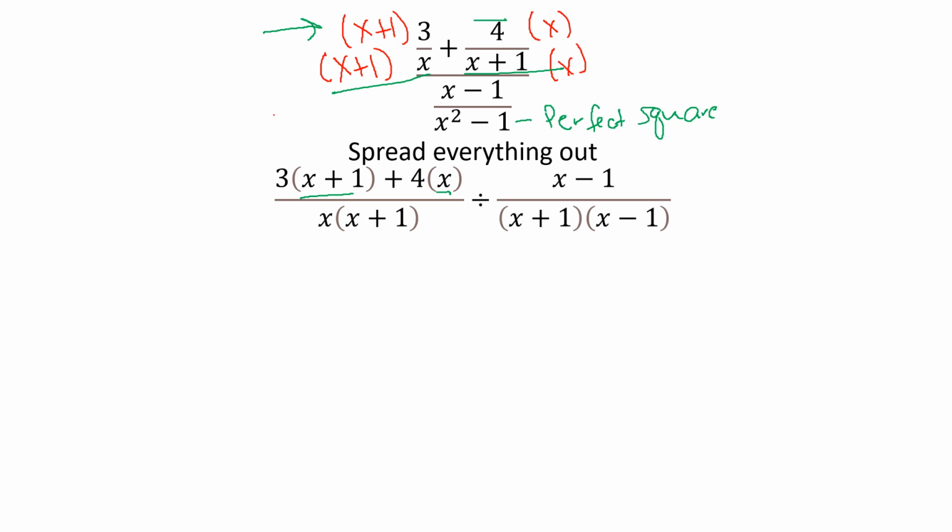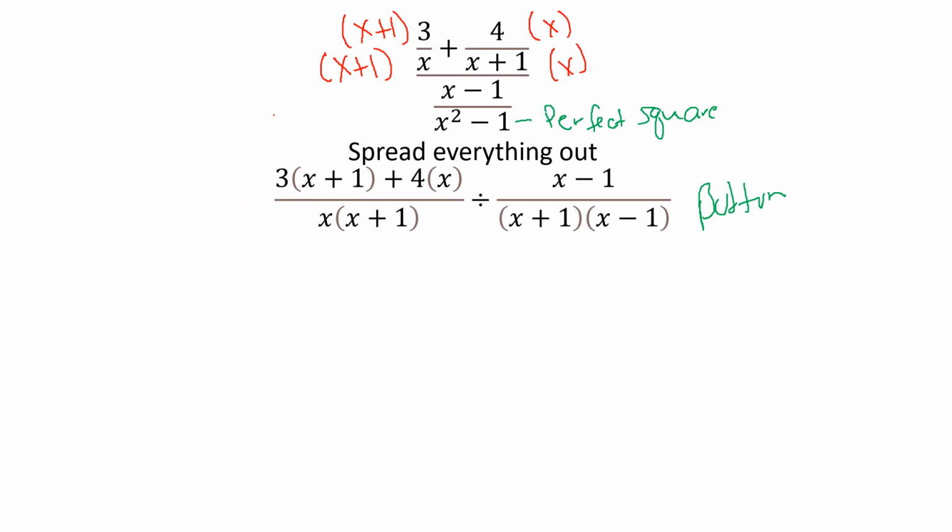So this is the top. This is the bottom. That's written so messy. Let me clean some of this up. And I went ahead and spread it all out and rewrote it as a division problem.